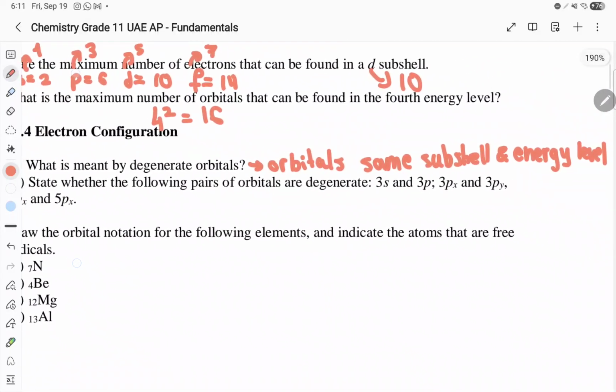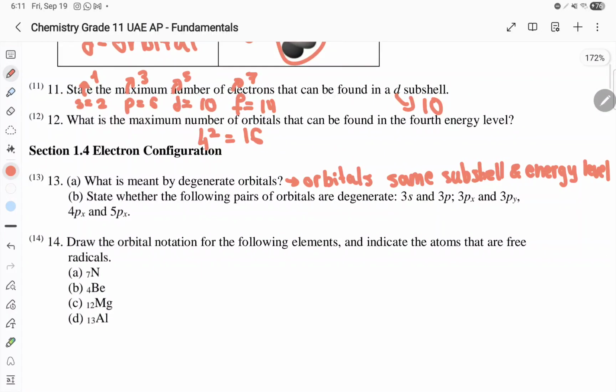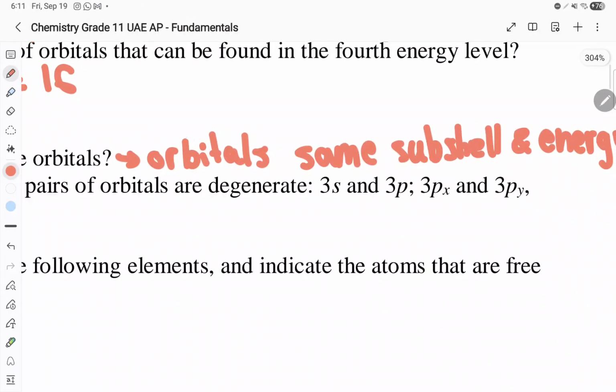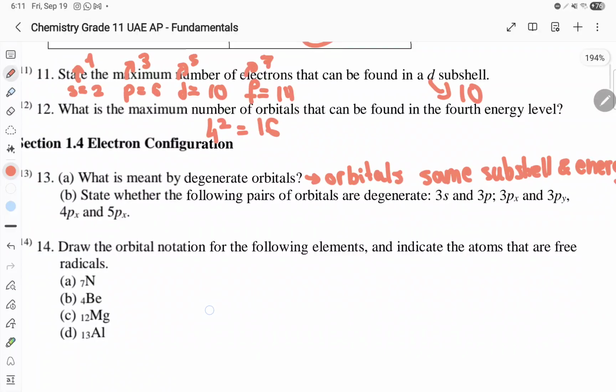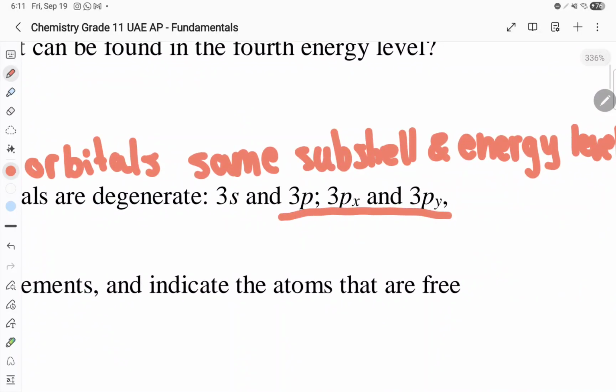Now, we said same subshell and energy level. So they all have to start with the same number, and they all need to have the same letter. So these 3 all start with the same number and letter. So this is PZ, PX, and PY.